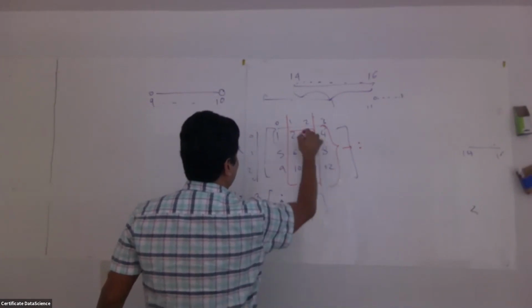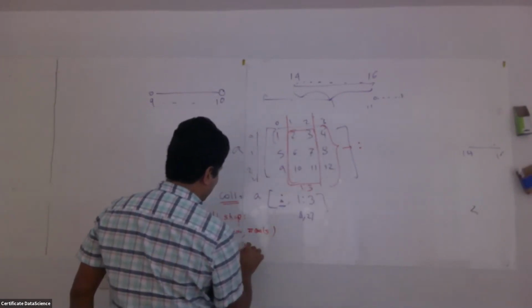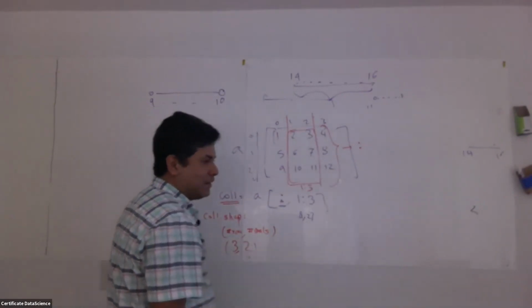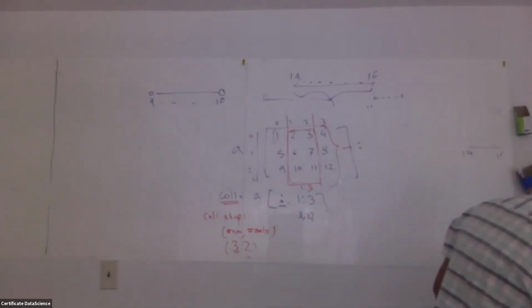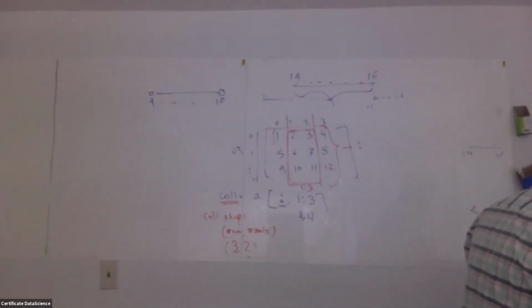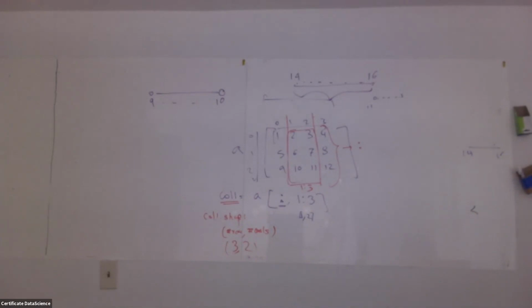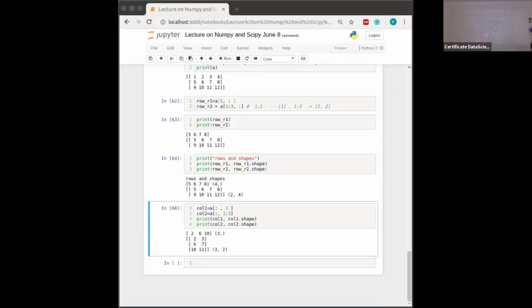This is where our values are, right? So shape would be 3 by 2. So that's where it is showing here. So here is where you see the 3 by 2.